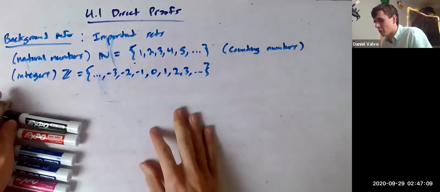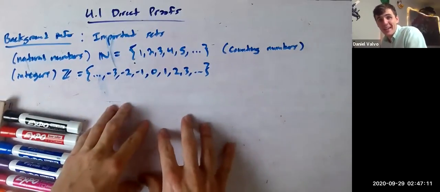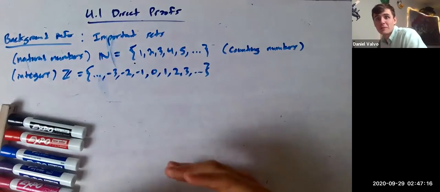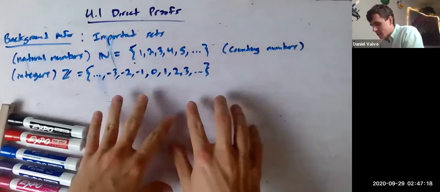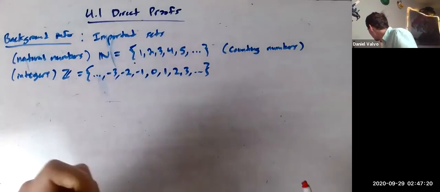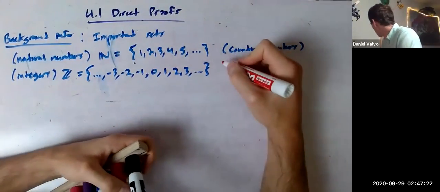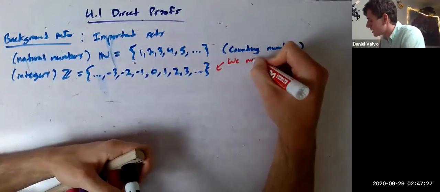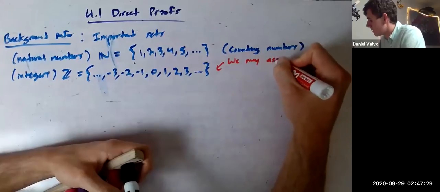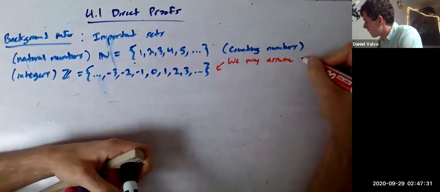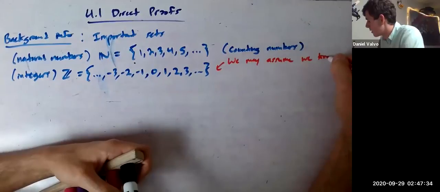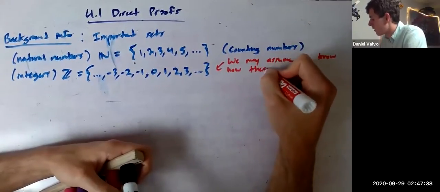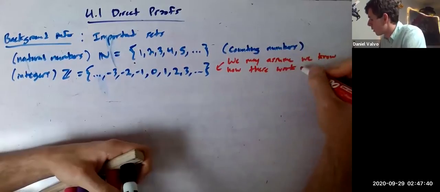And the integers are really our starting point for this entire class. I kind of said earlier, I think, in one of my lectures that everything needs to come from some kind of starting point. The integers are our starting point. And so we may assume we know how these work.